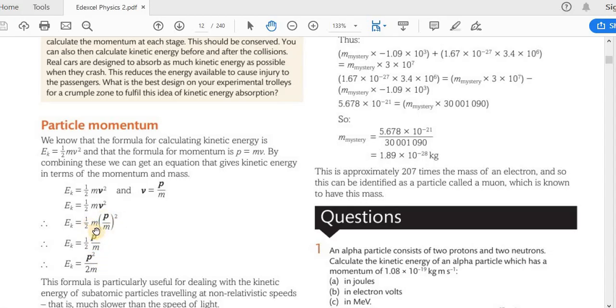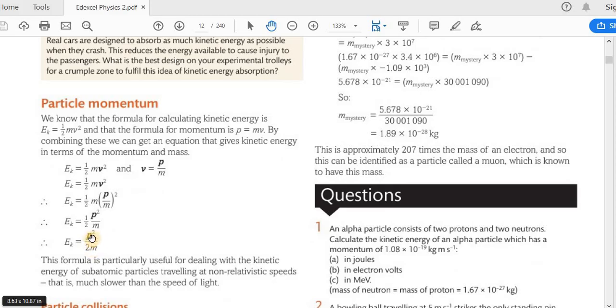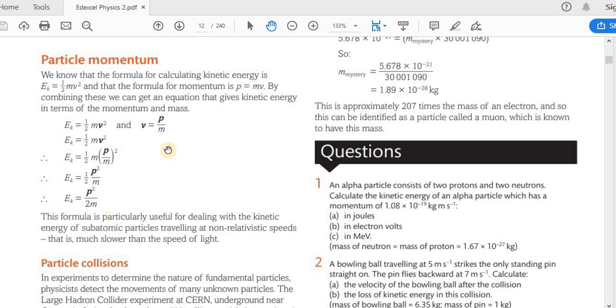And there is another m here. So here it's m, here it's m squared. Then you will get p squared divided by 2m, that is equal to the kinetic energy. So if you know the momentum and the mass without knowing the velocity, you can still find the kinetic energy.